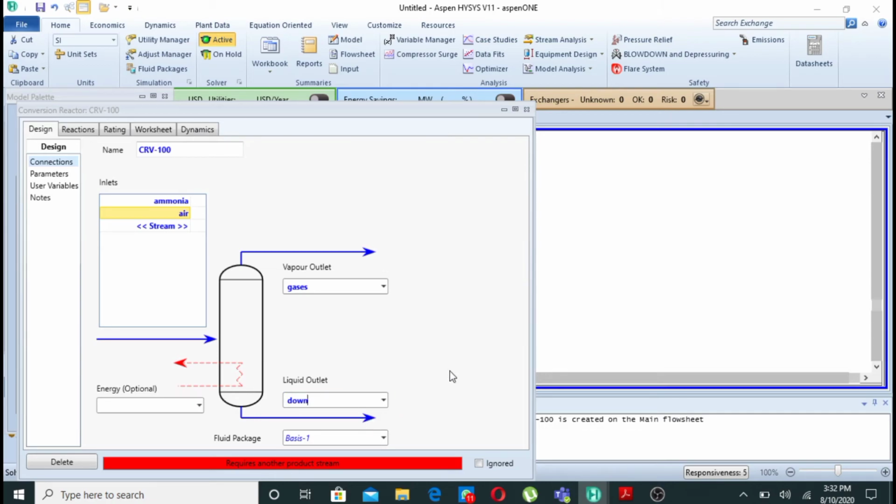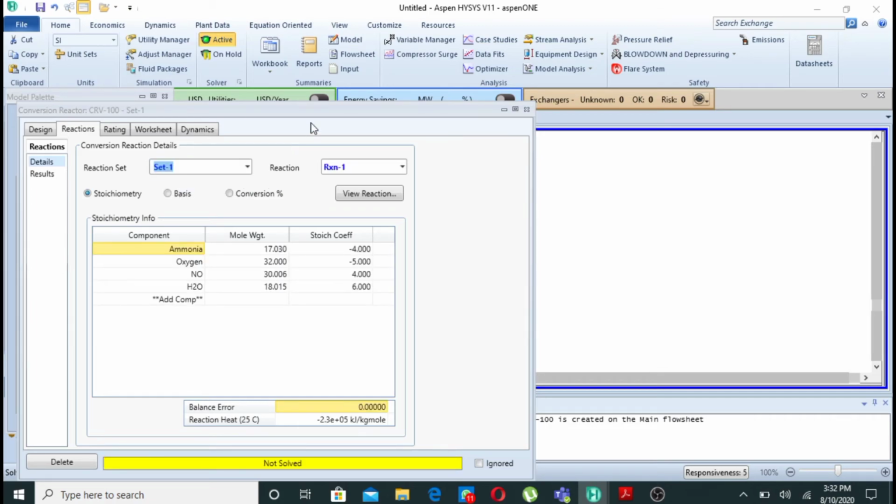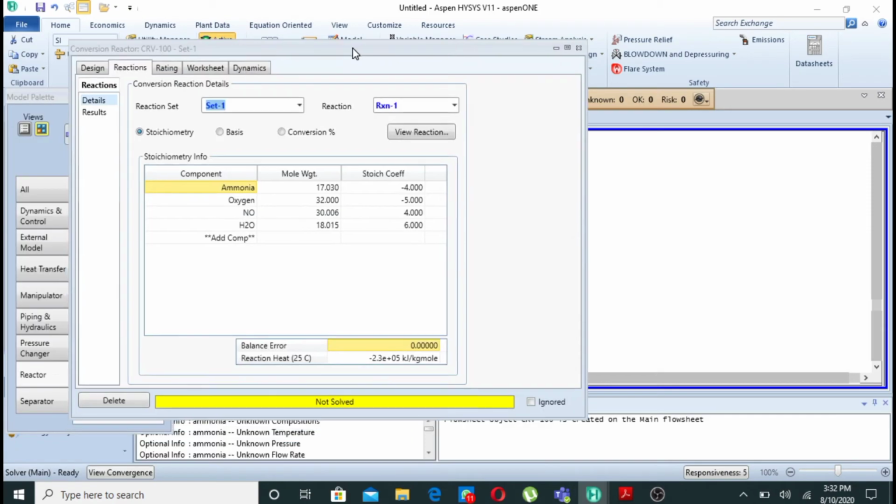Now when I pressed enter, it is written over here that it requires a reaction set. So I will go to reactions and add reaction set 1. Now the reaction set has been added, but it is written that it is not solved. It is because I have not defined the stream flow rates, the temperature, the molar flow rate.